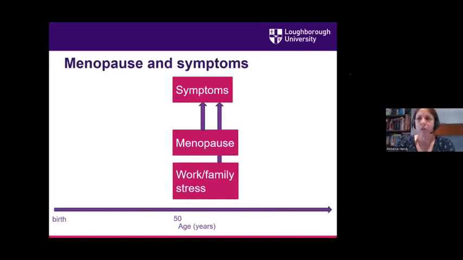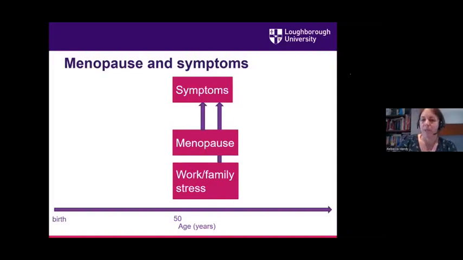So you might have children leaving home. You might have older parents or older relatives who you have caring responsibilities for. So there are all these other social changes that are also going along with that biological change. So that's really key in a life course approach, to think about the biological transition, but also think about the social context in which it's occurring.